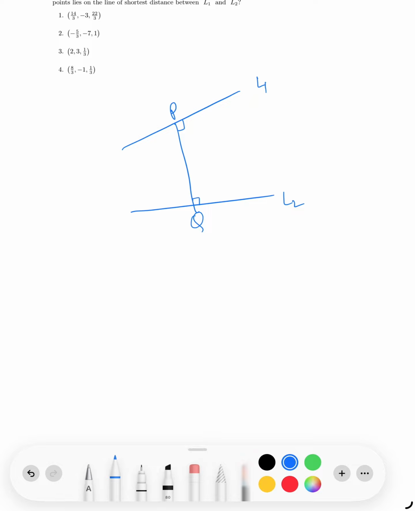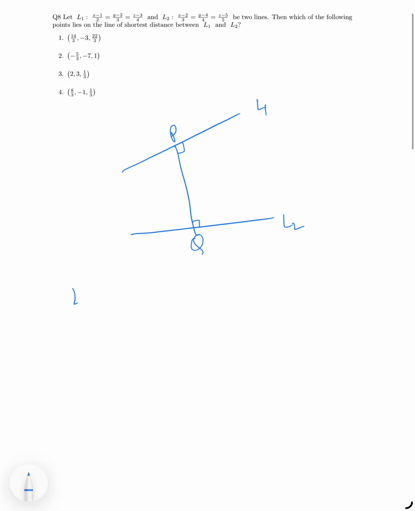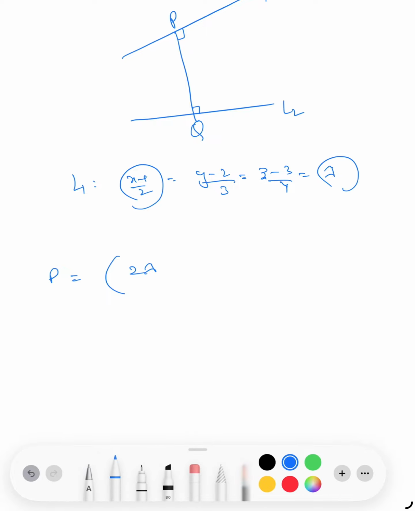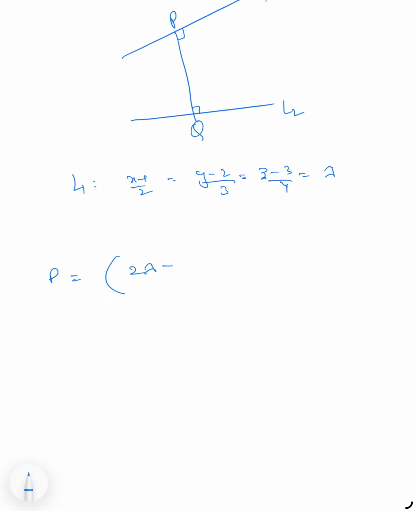Any point P on L1 will look like this: we equate the equation of L1 to some parameter lambda. This will give us that P will look like 2 lambda plus 1, the second coordinate 3 lambda plus 2, and 4 lambda plus 3.